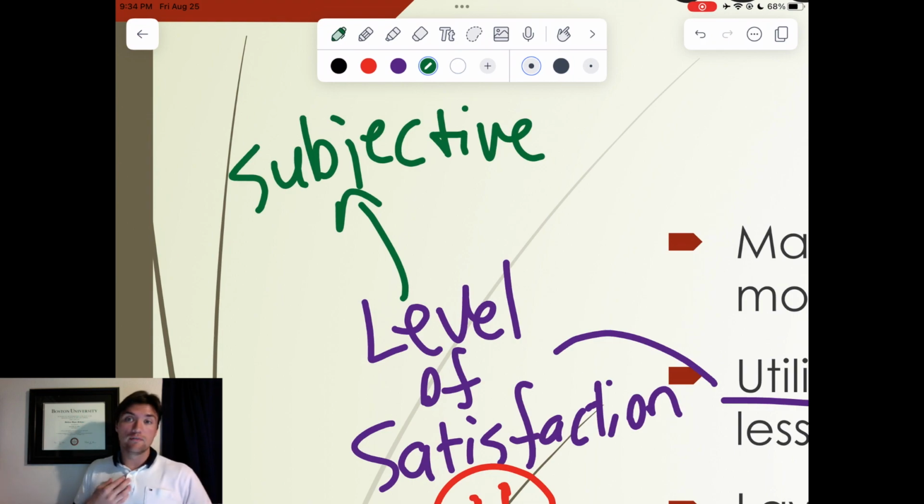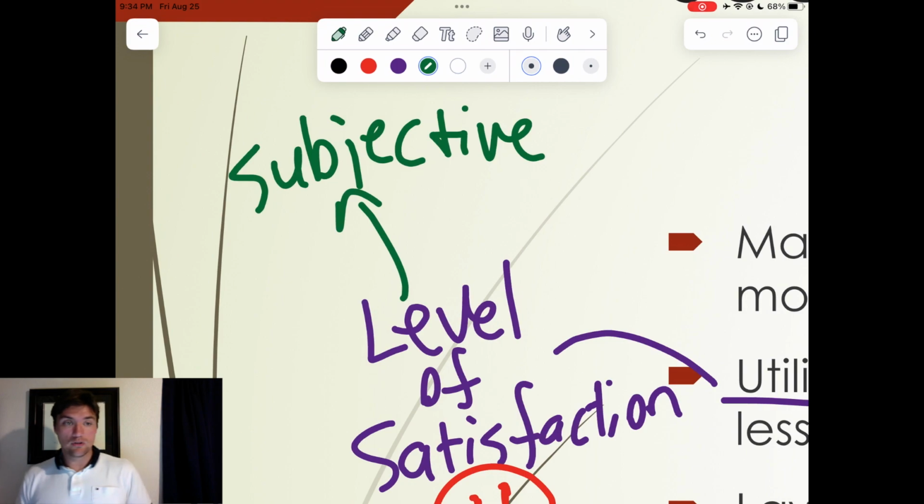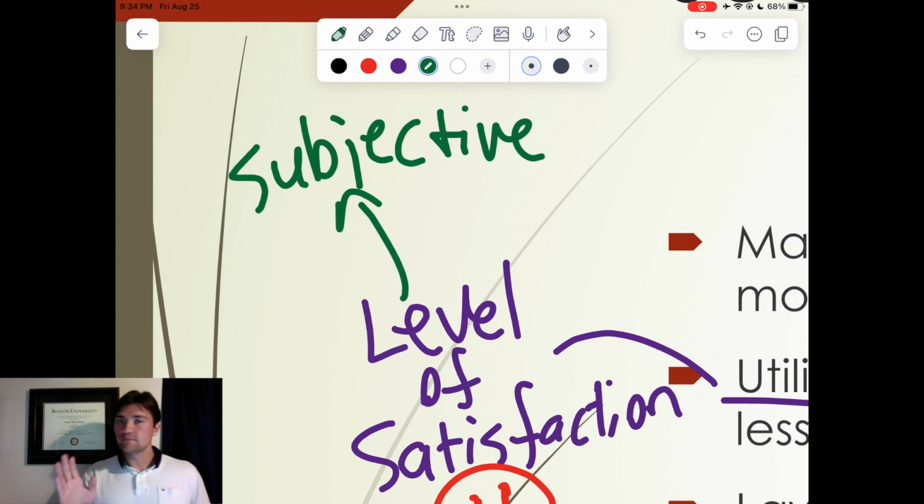So if I said 150 utility, that could be 20 utility for you. So when you're trying to compare person to person, you can't really do that. What you can do is the same person. So that's why we like to look at the marginal, because the marginal is where we can really see if it's an increase or a decrease. And I'll show you here in a second.